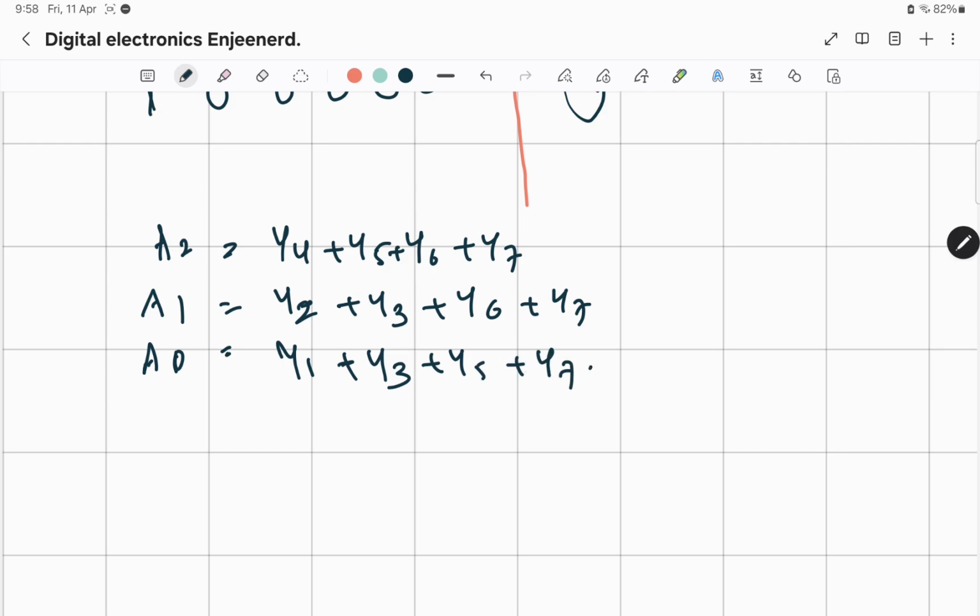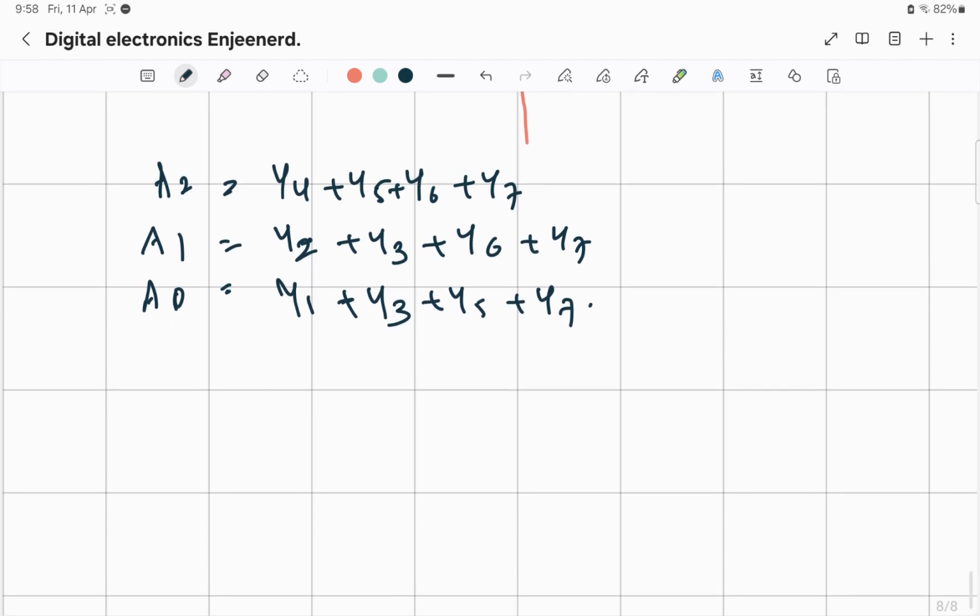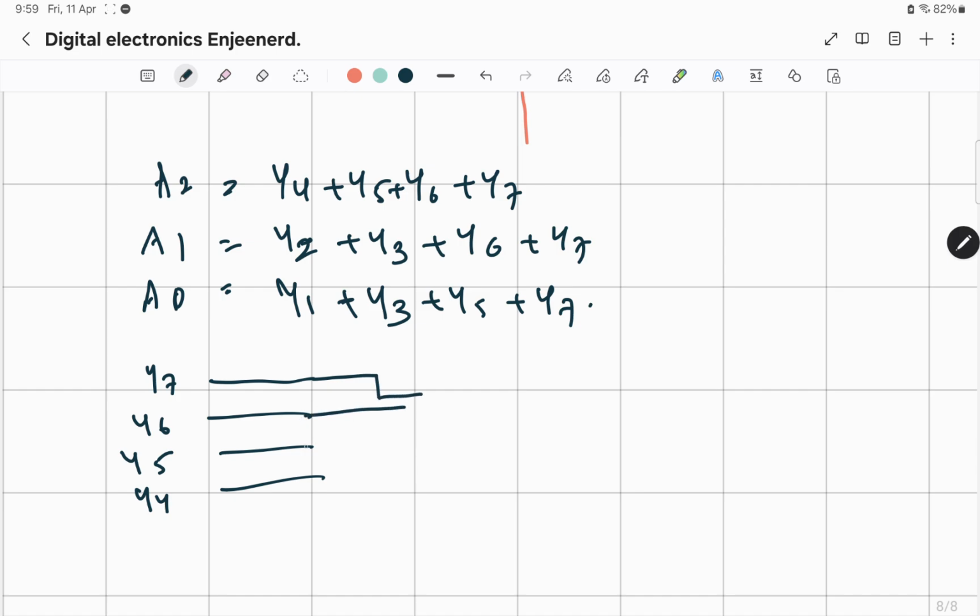That's it, and you just have to implement this using an OR gate. So you can make all those inputs available here. So first one is Y7, Y6, Y5 and Y4. All these go into an OR gate, which makes your A2.